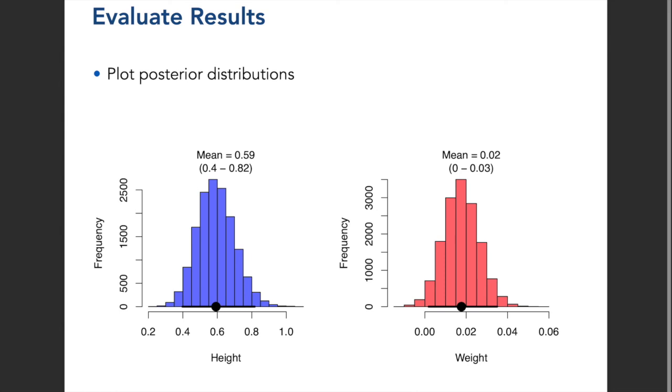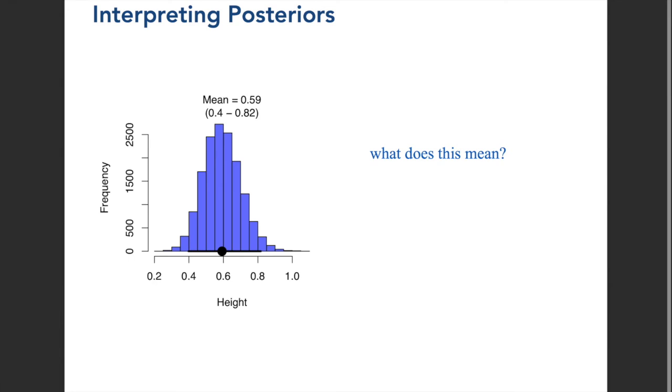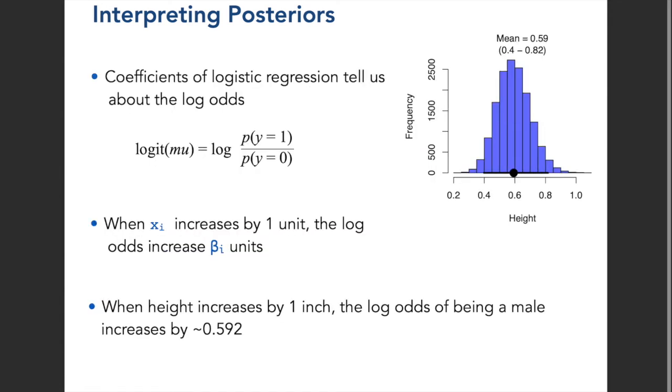So one question is, what does this actually mean? What is the effect of 0.59 of height on an individual's sex mean in a logistic regression? Now remember, it's not just a linear combination of our predictors that gives us our predicted variable. We've put it through the logistic transformation. And so the meaning of these coefficients is a little bit different than what they were before. The coefficients of a logistic regression tell us about the log odds. So it's the log of the probability of being 1 versus the probability of being 0.